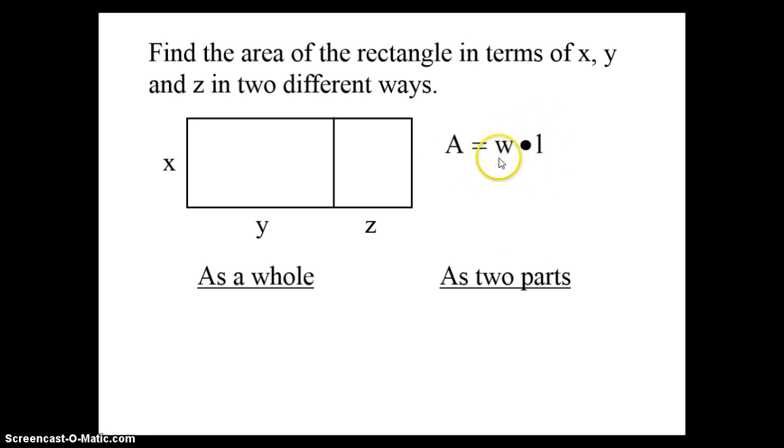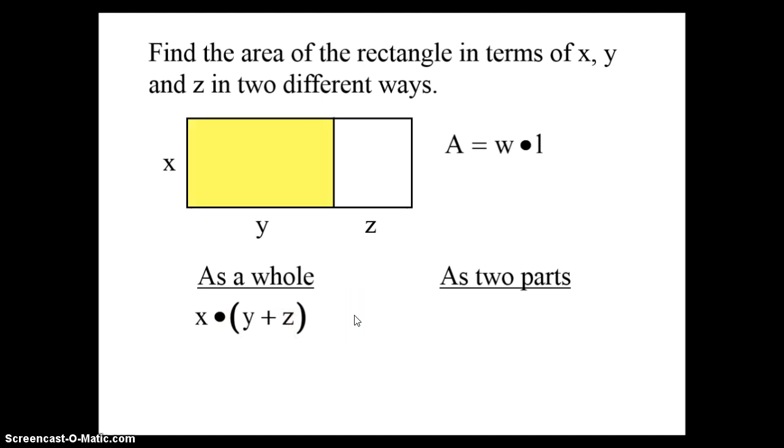And again, because we're using the commutative property, whether it's length times width or width times length, we can switch the order of the numbers or the letters here, and it would still be the same. So as a whole, if I multiply x with y and z, I would have to take both of those together, so I'm going to add them. So here you see me multiplying x with y plus z together.